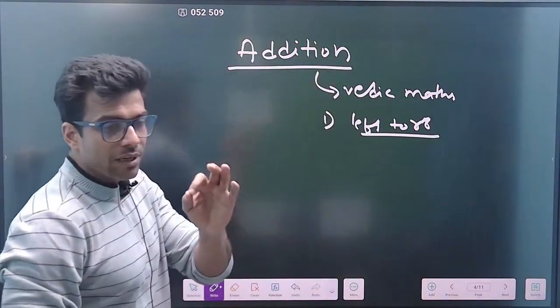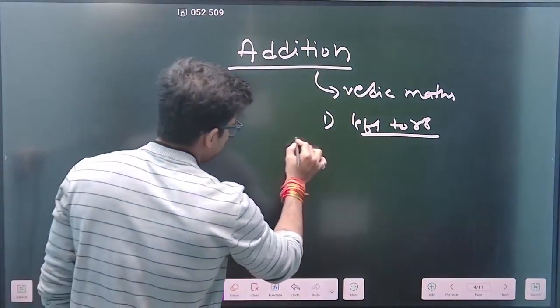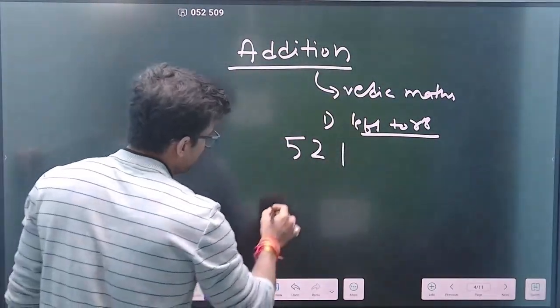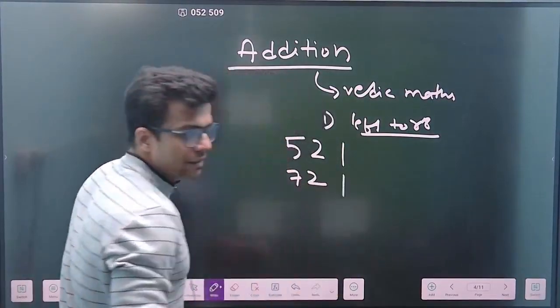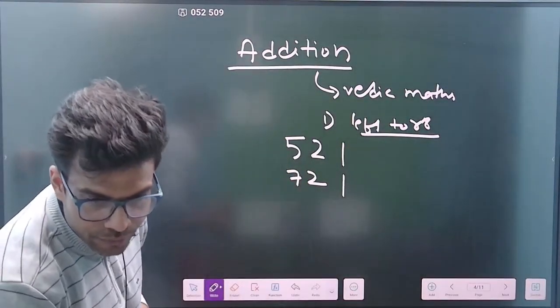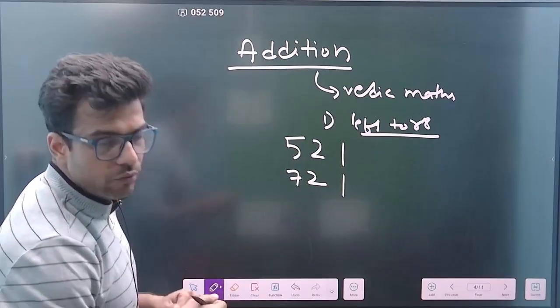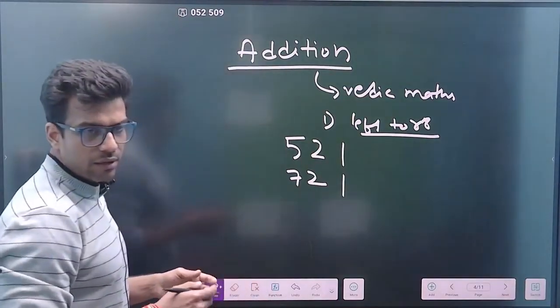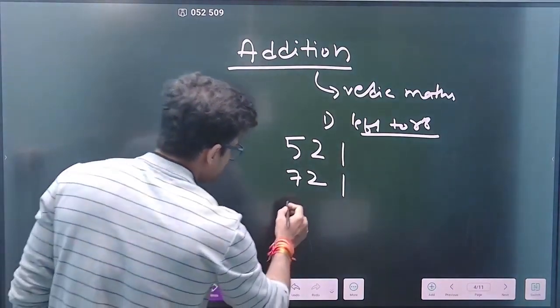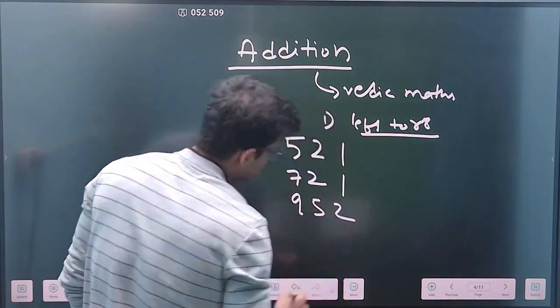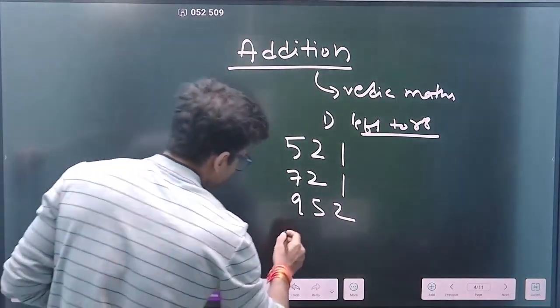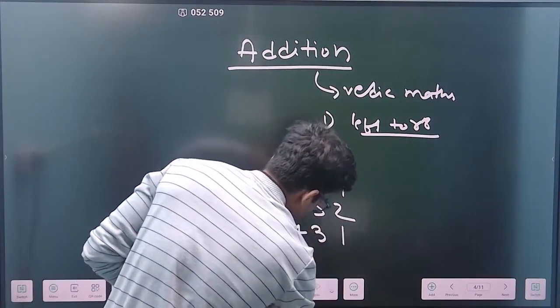Let's take one example and have a discussion. The number is 521, the second number is 721, and suppose the other numbers are 952, 123, and 431. Suppose I want to add these numbers.